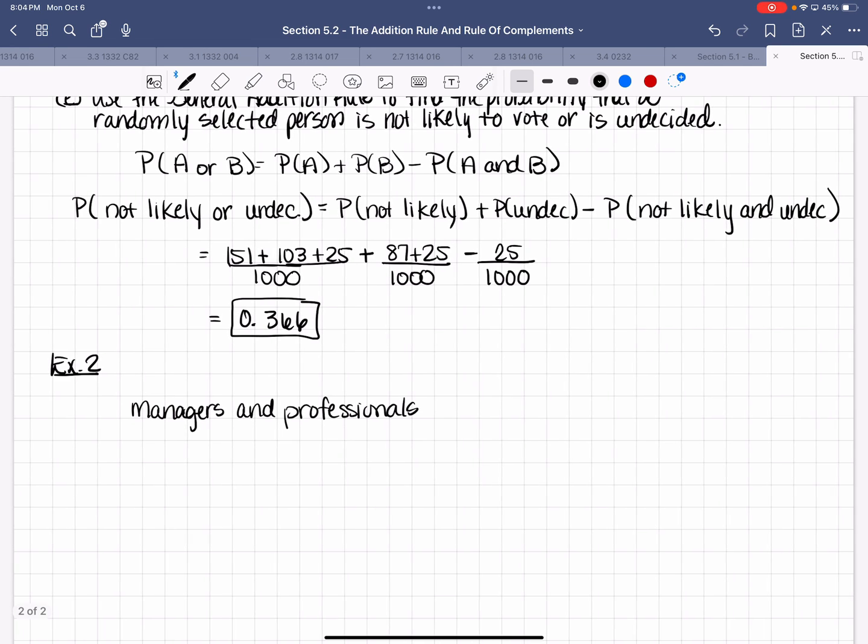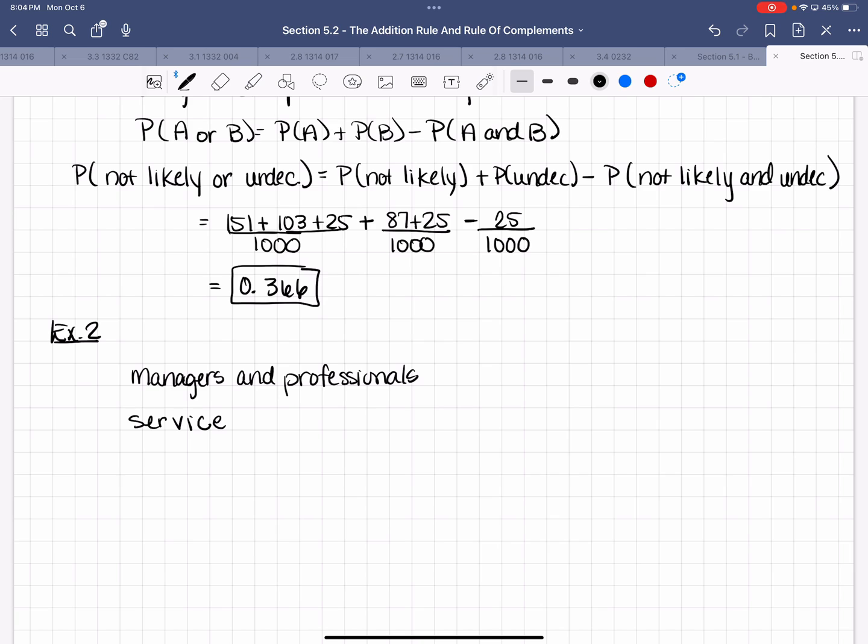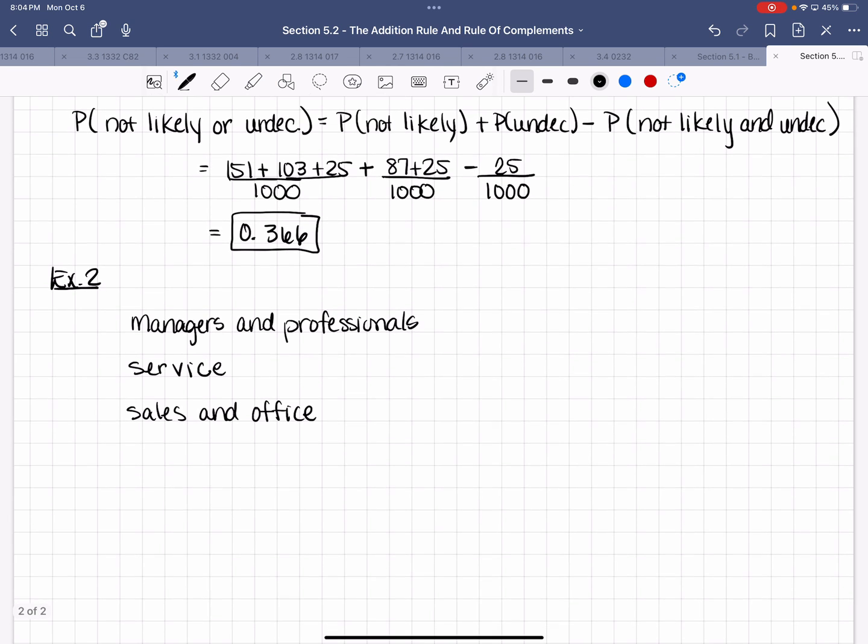Okay. Second row is service. Third row is going to be sales and office. Fourth row is construction and maintenance.